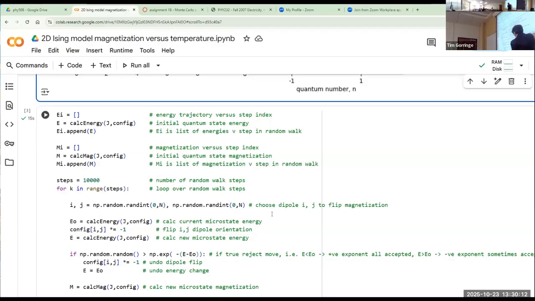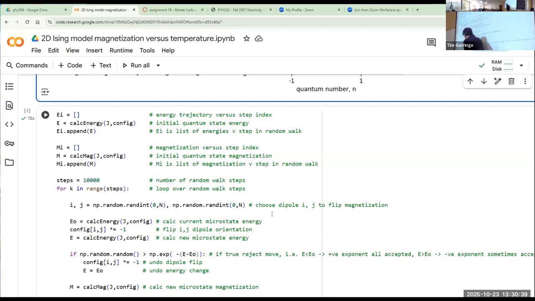And this is where statistical mechanics enters in the calculation, where we choose to accept or decline this change in the state based on the Boltzmann factor, and the Boltzmann factor's preference for lower energy states over higher energy states.